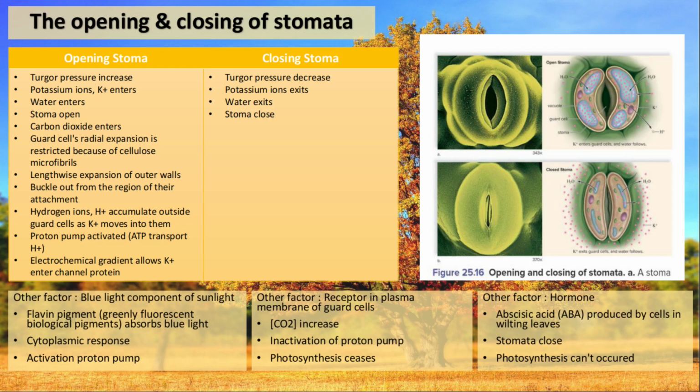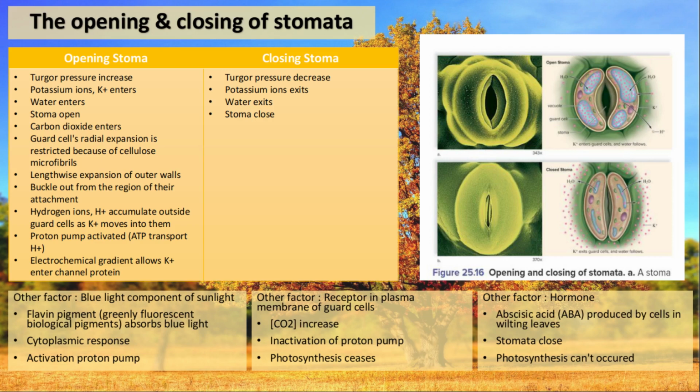cellulose microfibrils. Okay, cellulose microfibrils ni berada di dalam guard cells ni. Fungsi dia adalah untuk mengelakkan daripada guard cell ni terus mengembang apabila stoma ni terbuka. Okay, next, lengthwise expansion of outer walls. Guard cell ni terbahagi kepada dua bahagian, inner walls and outer walls. Apabila stoma ni terbuka, outer walls ni akan mengembang, expand.